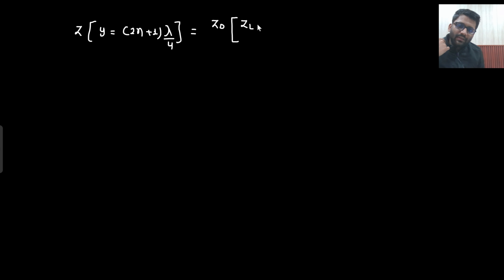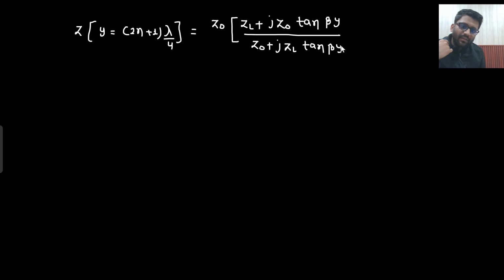So what will be my Z at y equals lambda by 4, or Z at y equals (2n plus 1) lambda by 4? That will be Z naught into ZL plus jZ naught tan beta y, divided by Z naught plus jZL tan beta y.